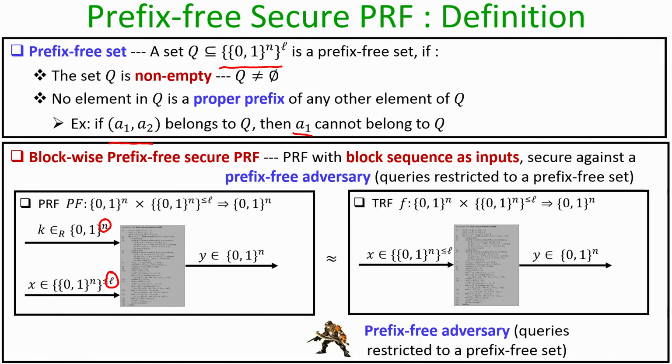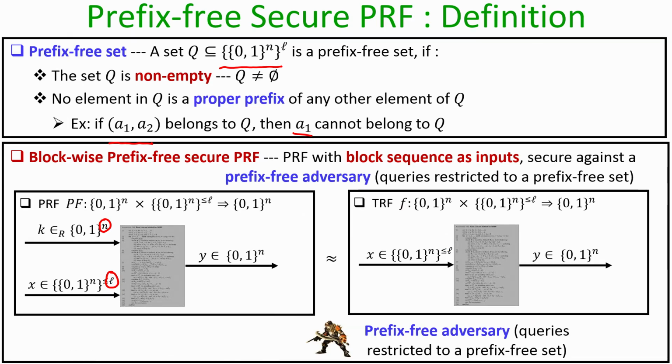And the security property that we want from this block wise prefix free secure PRF is that if we consider a truly random function which also takes as input a sequence of blocks, up to little l blocks, where each block is of size exactly little n bits, and gives you an output of size little n bits, such that the function little f is a truly random function, right, it is an unkeyed function.